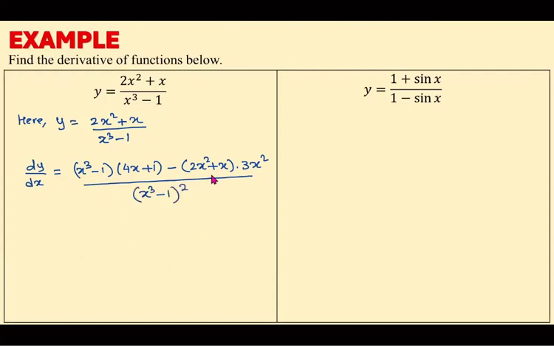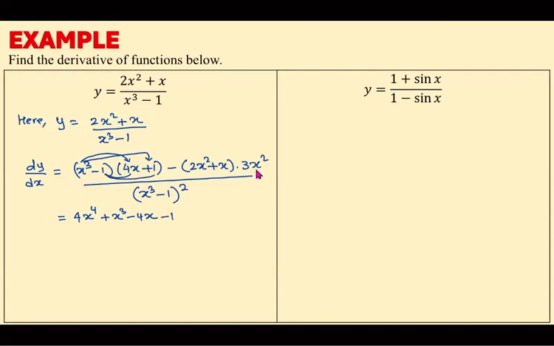Now we need to simplify the numerator and make it a little cleaner. So what we can do is, over here we can FOIL. So x cubed multiplied by 4x will be 4x to the 4. x cubed multiplied by 1 will be x cubed. Then if we multiply there, that will be minus 4x and then minus 1.